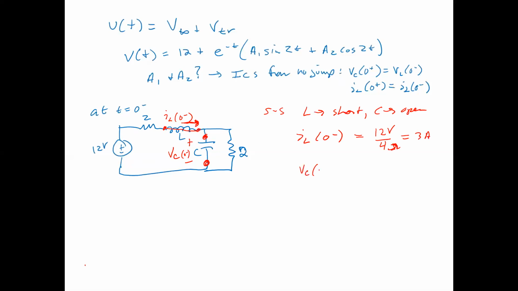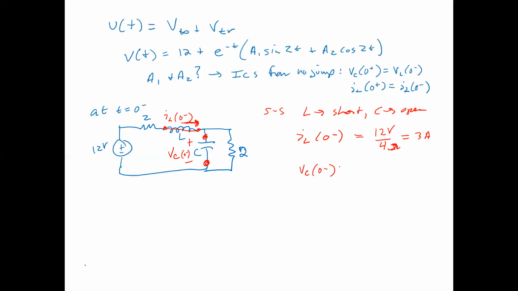And what is VC of 0 minus? Alex? No. Remember that switch is closed, so current's going through that 2 ohm resistor alongside the capacitor.